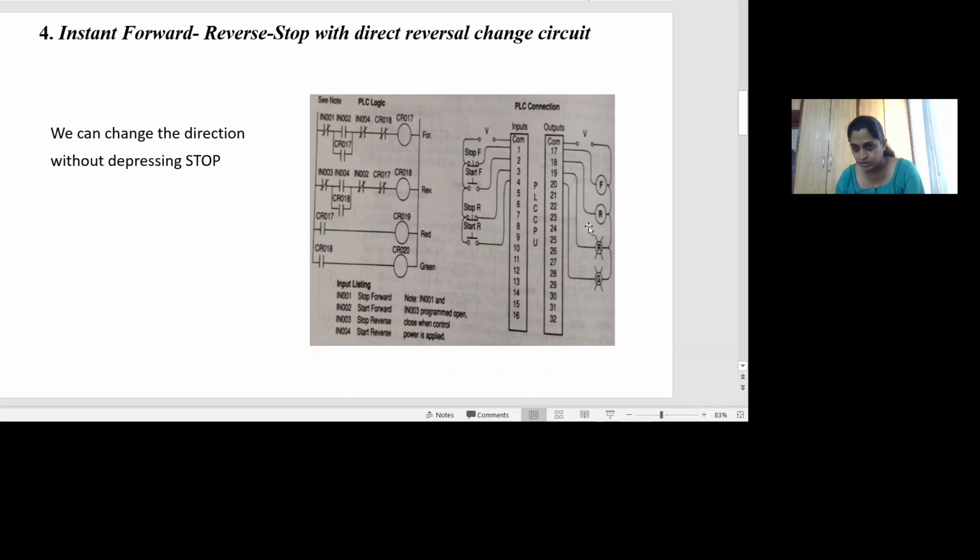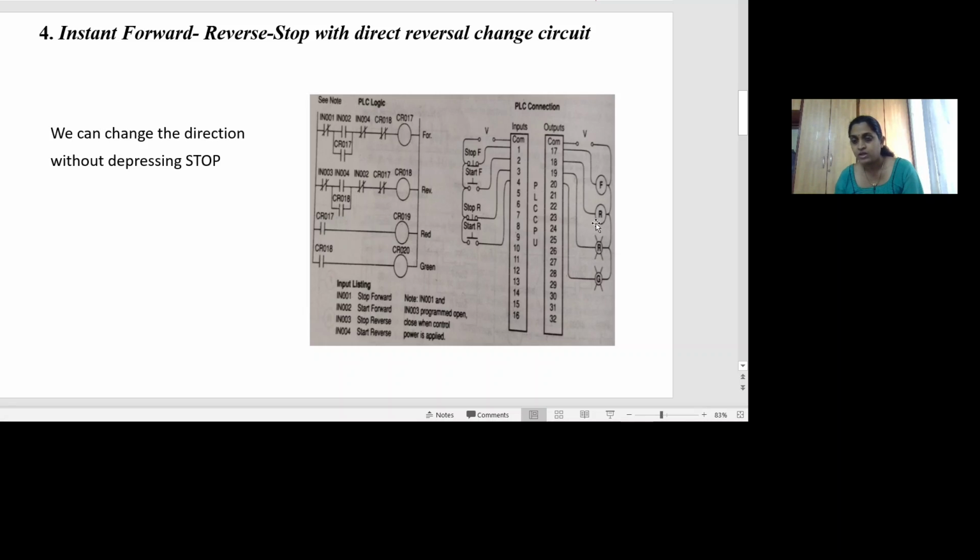Okay, then coming to the output side, here a forward drive for the motor is provided by the coil inside this PLC logic, and that forward drive coil is connected to F. This drive tells the motor to run in a forward direction, and it's connected between the terminal common and terminal 17.